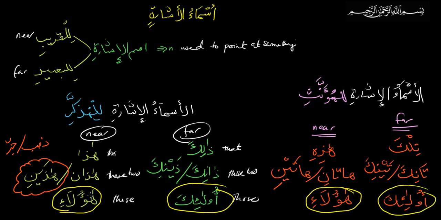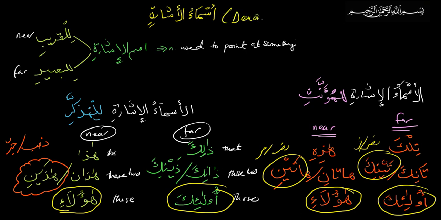هذا، هذان، هذين، هؤلاء. ذلك، ذانك، ذينك، أولئك. هذه، هاتان، هاتين، هؤلاء. تلك، تانك، تينك، أولئك. Again, this is for nasab and jar, same thing. So أسماء الإشارة, these are demonstrative pronouns.